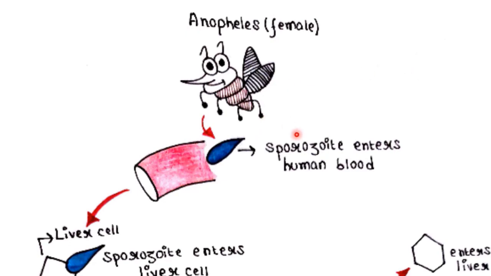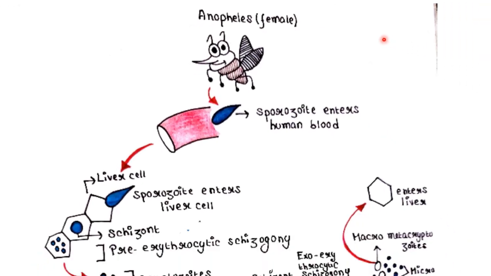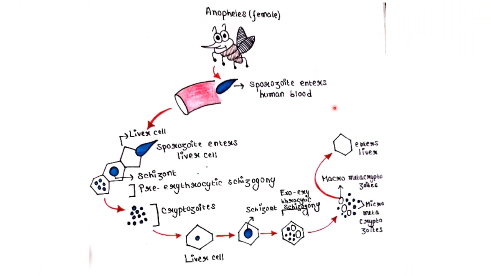So this form of parasite is called sporozoite. Sporozoite is actually a motile infective form. So when the mosquito is biting a person to have the blood meal, it injects the sporozoite stage of Plasmodium in his blood. And the sporozoites are capable of moving.